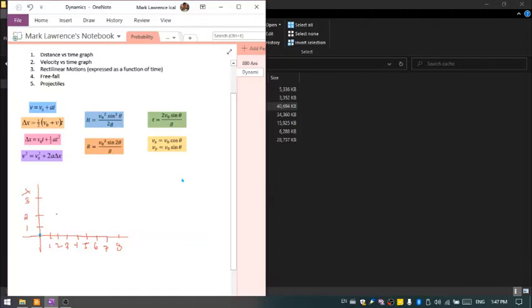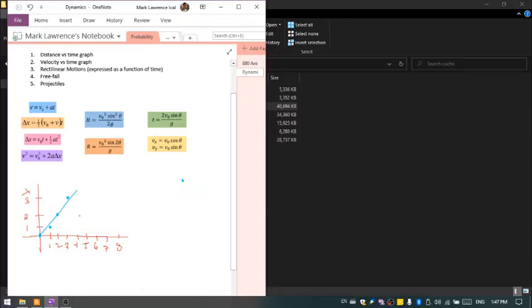Then after 1 second, we've seen it move like this. After 2 seconds, it moves like this, and after 3 seconds, it moved like this. Basically, the particle behaves in a straight line.